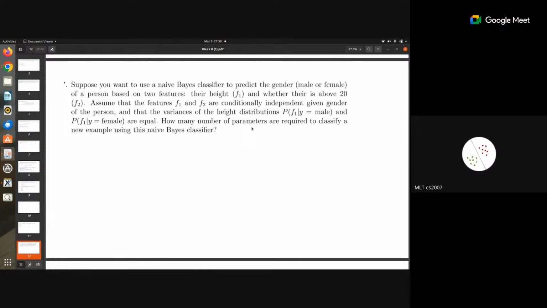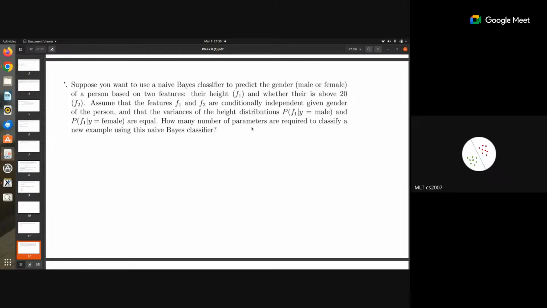One more thing to understand here is height and age. Height is a Gaussian. Age you can consider as just whether it is above 20 or not, so it is just binary, only two values, yes or no. So the age is a binary feature here, and height is Gaussian distributed.